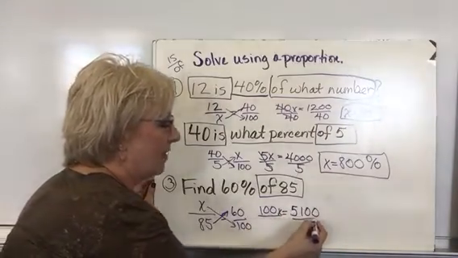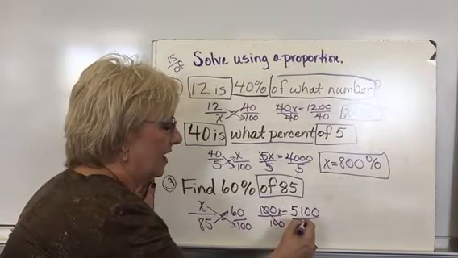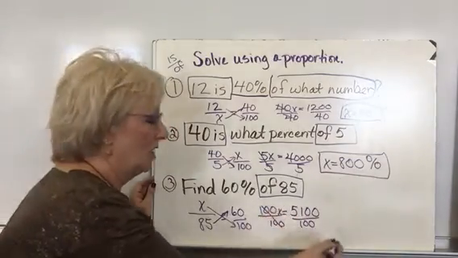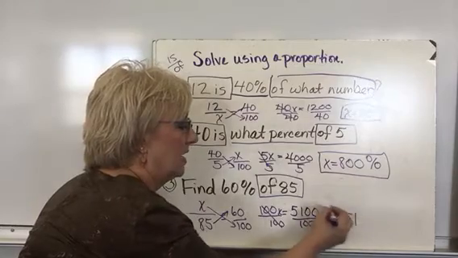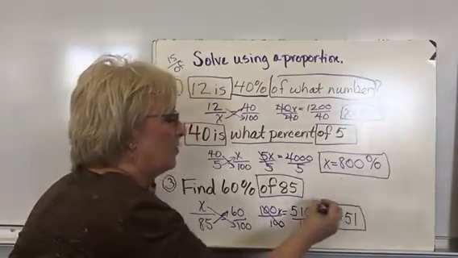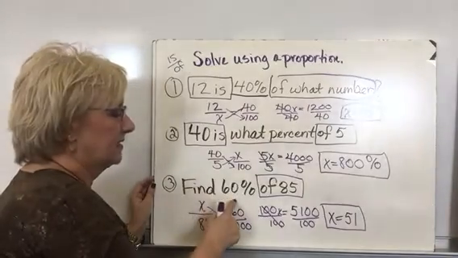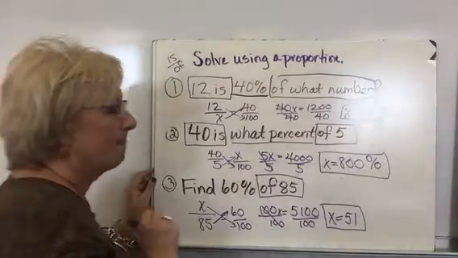Divide both sides by 100 because I've got to isolate my variable, and I know that 100 will go into 5,100 51 times. So when I reread this, it's going to say 51 is 60% of 85. Okay?